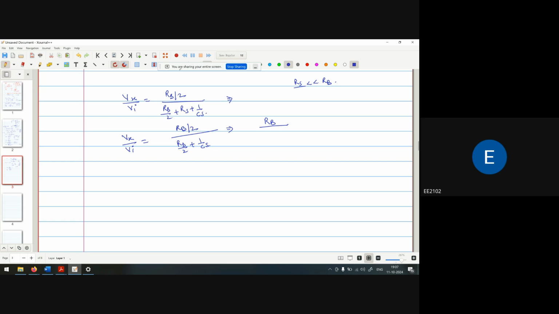So the value is Rp upon Rp plus 2 upon Cs. If I take Cs as the LCM, it is Rb times Cs upon Rb times Cs plus 2.